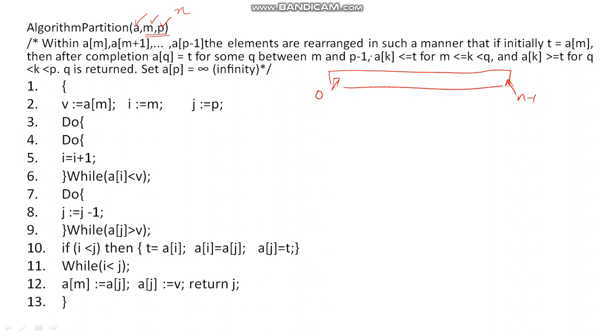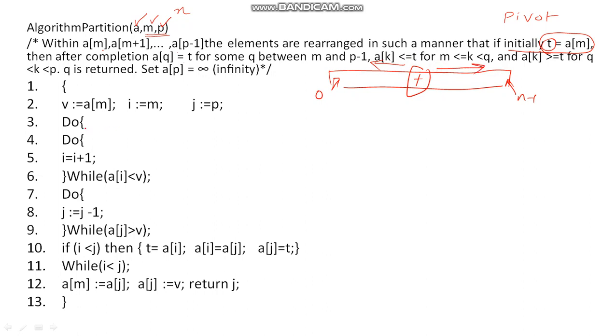The elements are rearranged in such a manner that initially t is equal to a of m, some special value. This is called the pivot value. After completion of this algorithm, all the elements towards the left hand side of t are less than t, and all the elements towards the right hand side are greater than t.